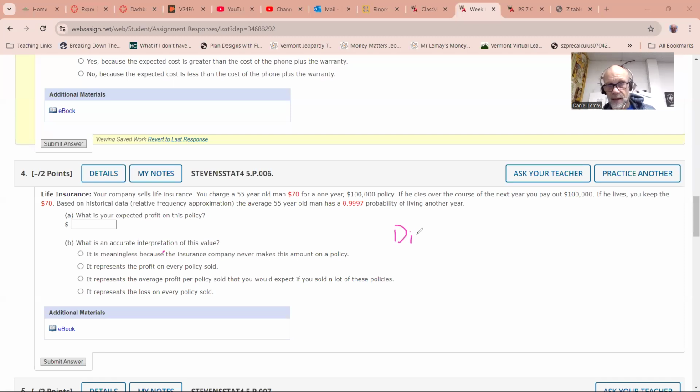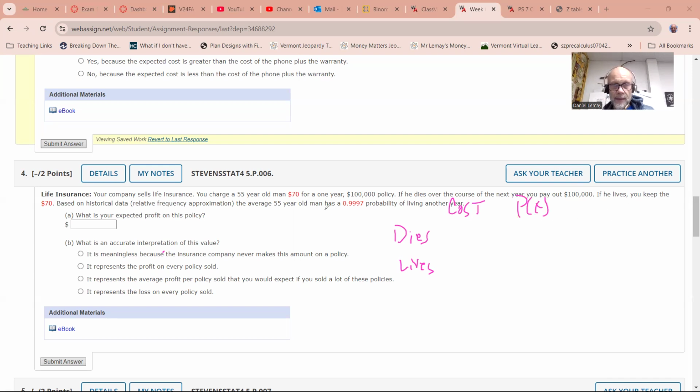He dies, he lives, and here's the cost, and here's the probability of that happening, and of course we're going to multiply those.